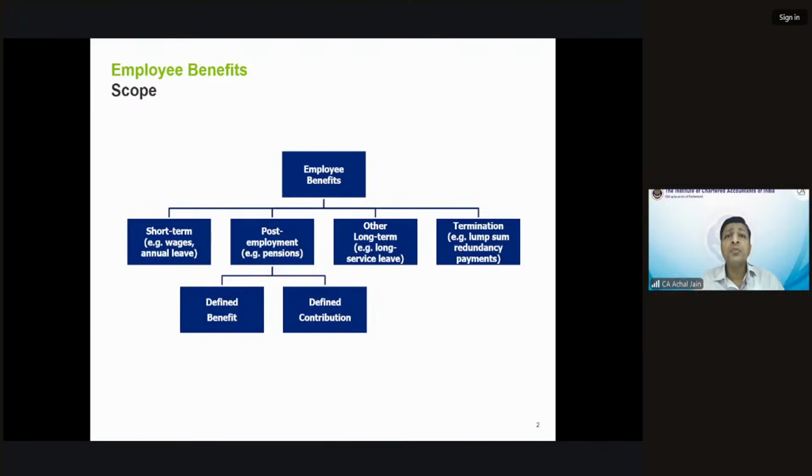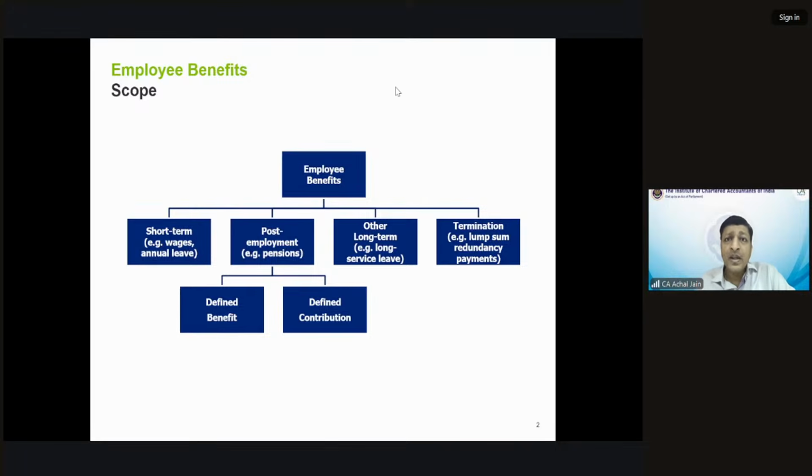Once the employee-employer relationship is established and there is an employee benefit which falls within the purview of the standard, what is the next step? For accounting purposes, we need to categorize employee benefits into four categories. What are those? Short term, post employment, other long term, termination.